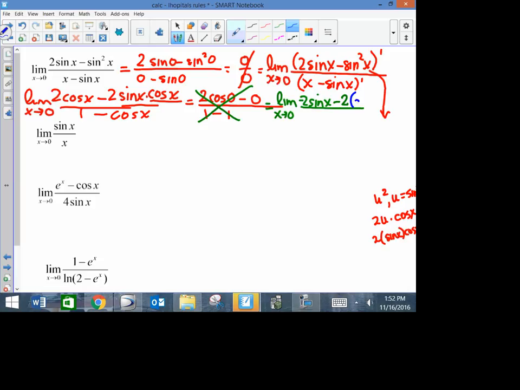So I take the derivative of sine times cosine, plus sine times negative sine. Yikes. That's really bad.